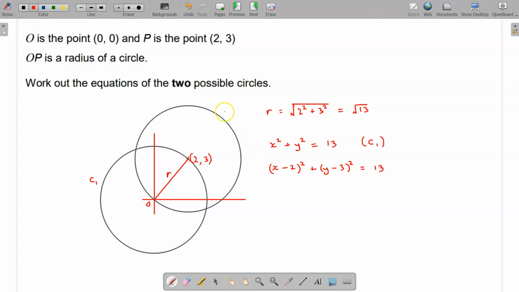And that is the equation of the circle C2. Okay, so that's the answer to the question, because it wanted the equations of the two possible circles that would have a radius joining O and the point P together. P is this point here. Okay, and that's the end of that question.